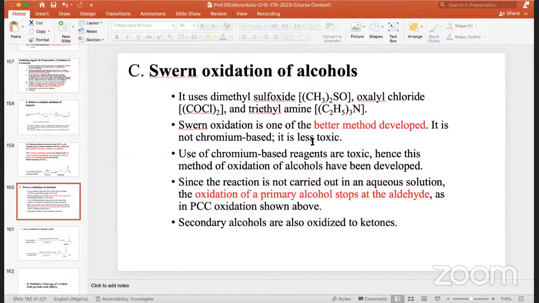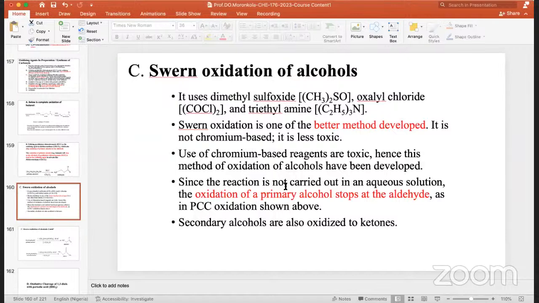Hence, it is less toxic. It's more human-friendly reaction. Now, the use of chromium-based reagents, we have said, is toxic. And so this method will be a development or a better method over the use of chromium-based reagents.